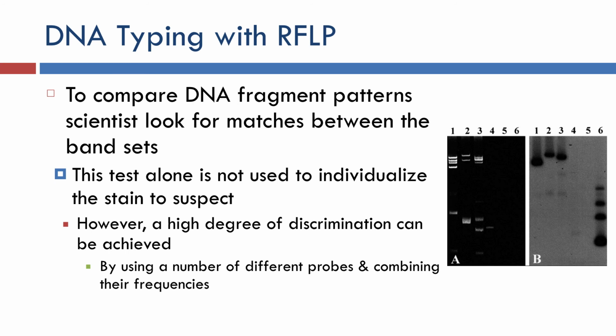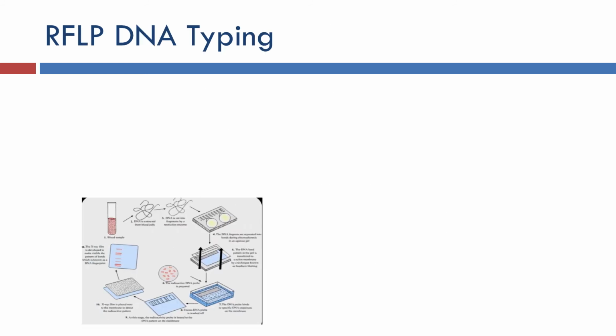However, a high degree of discrimination can be achieved, and they do this by using a number of different probes and then comparing them and their combinations, which increases the likelihood that it matches an individual.